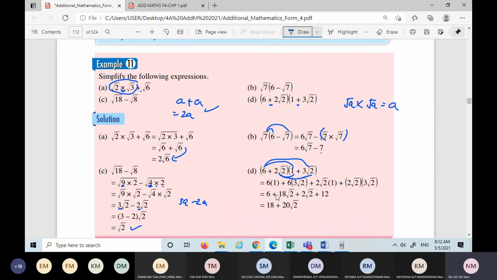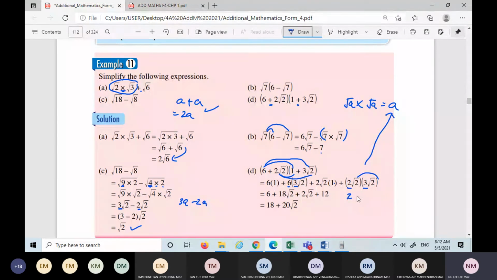6 times 1 is 6. This one, 6 and the 3 combined. 6 times 3, 18 square root of 2. This one, 1, nothing. So 2 square root of 2. This one how? 2 times 3, and this one uses this law again.